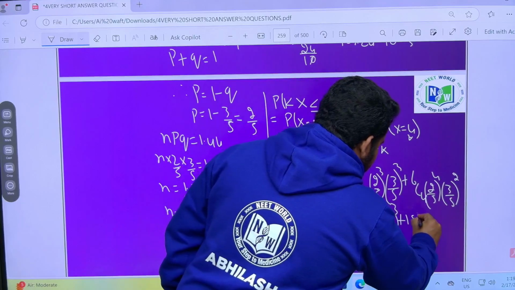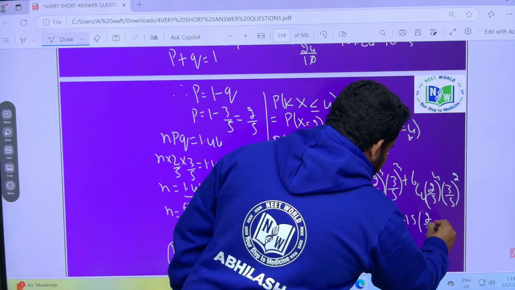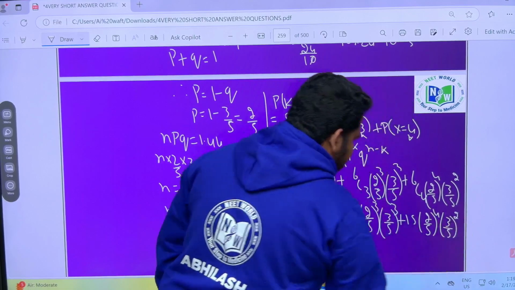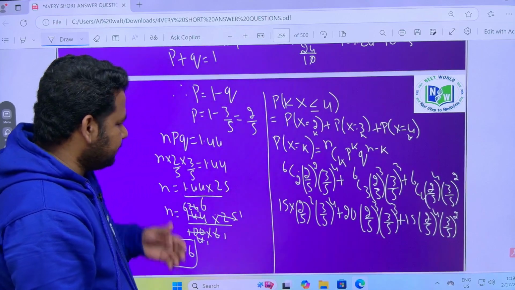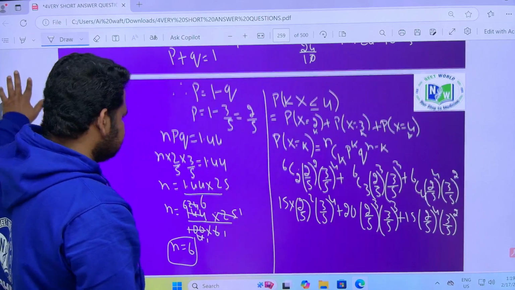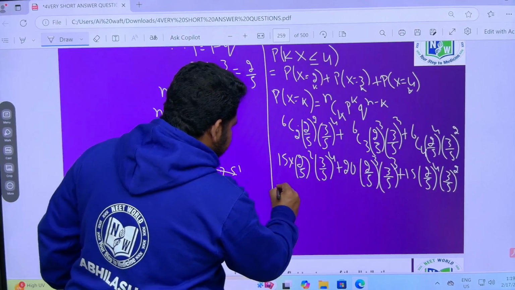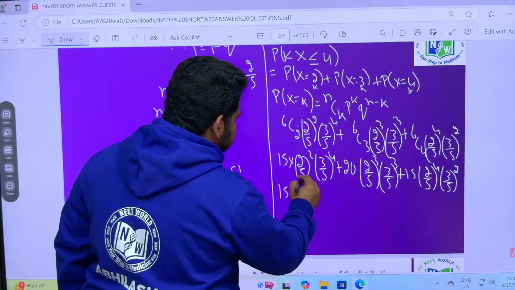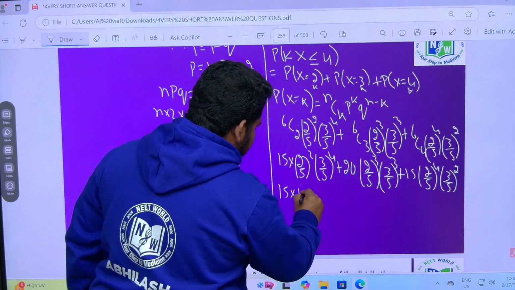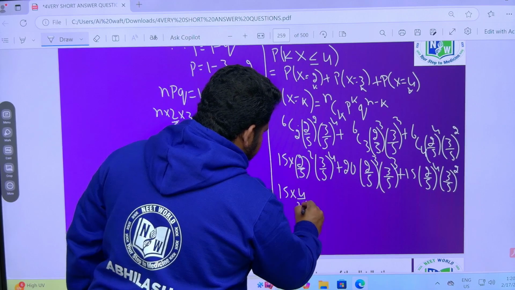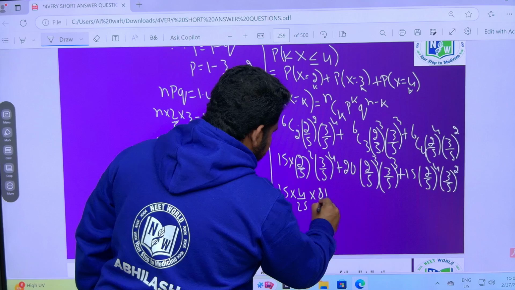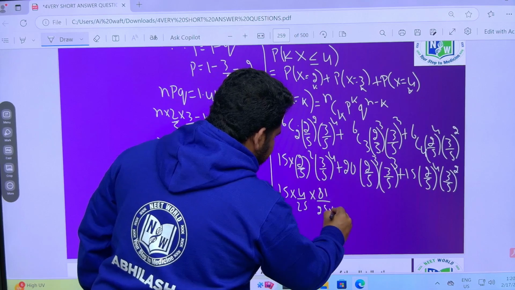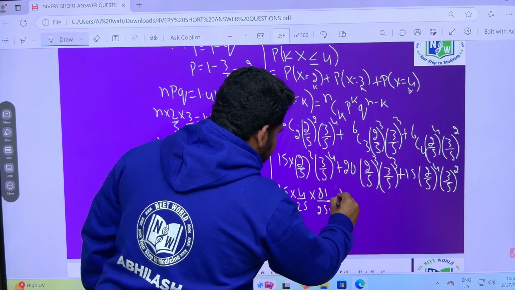Then plus 15 into 2 by 5 to the power of 4 into 3 by 5 to the power of 2. Okay friends, so further we have to simplify. You will get 15 into 2 power 4, 2 square is 4, by 25, 3 square is 81, by 5 power 4, I can write it as 25 into 25, that is 5 square into 5 square.